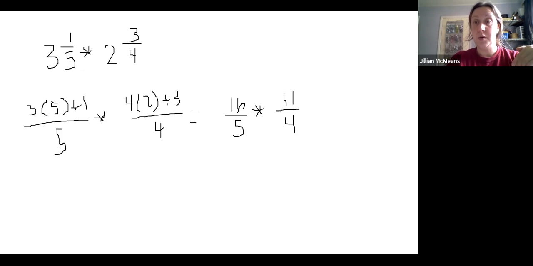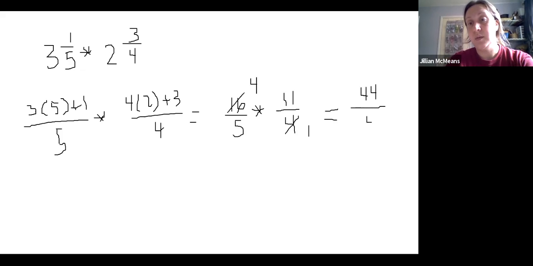But hopefully you notice that 4 is one of the factors of 16. So let's divide 16 and 4 by 4. 4 divided by itself is 1. 16 divided by 4 is 4. So now I can just multiply across. There's nothing else that's going to cancel. So 4 times 11 is 44. 5 times 1 is 5.